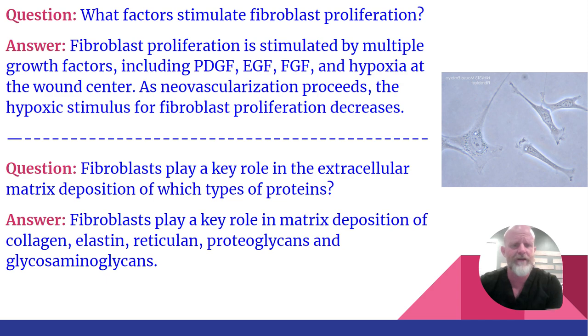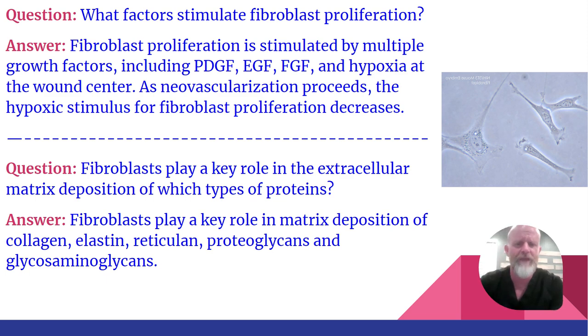We're basically talking about different groups of growth factors here, including, like we said before, platelet-derived growth factor, epidermal growth factor, and then fibroblast growth factor. And another thing is that hypoxia at the wound center will actually increase the amount of fibroblasts in the wound. And as neovascularization proceeds and you get more and more healthy granulation tissue, the hypoxia stimulus for fibroblast proliferation decreases and you decrease the number of fibroblasts in the wound.